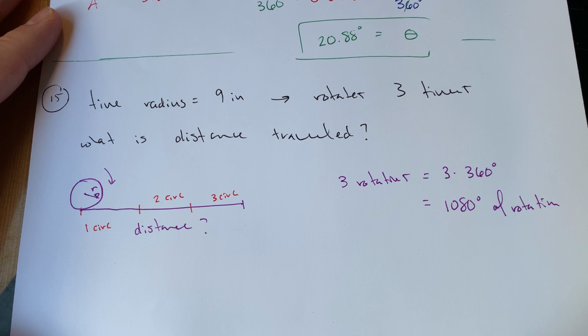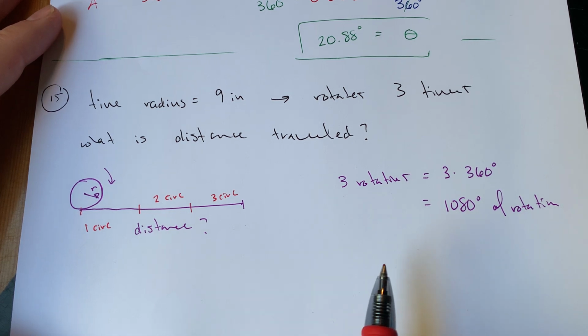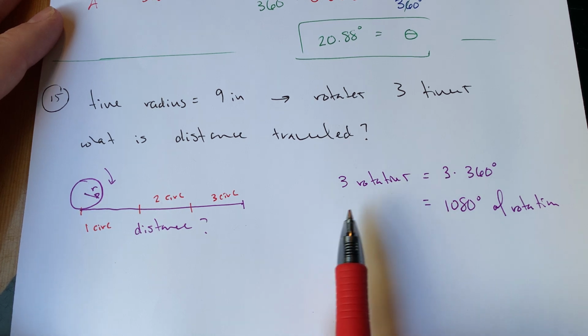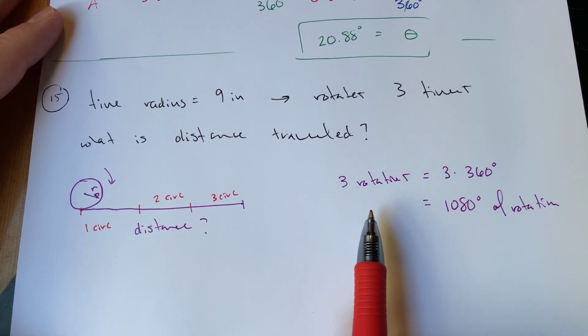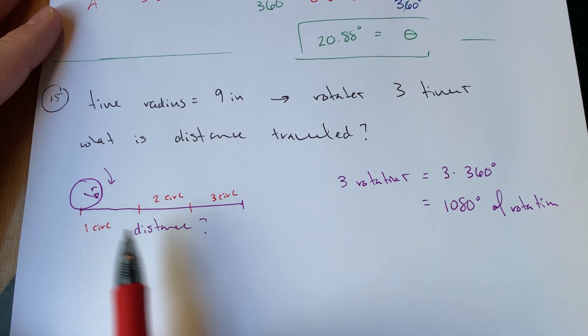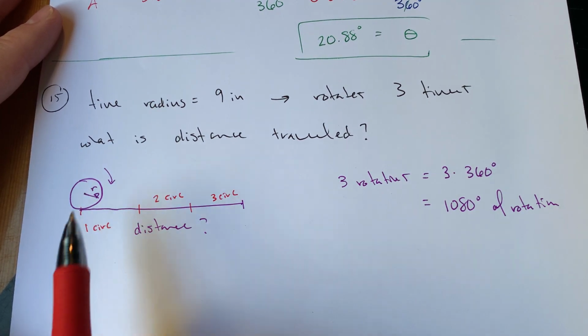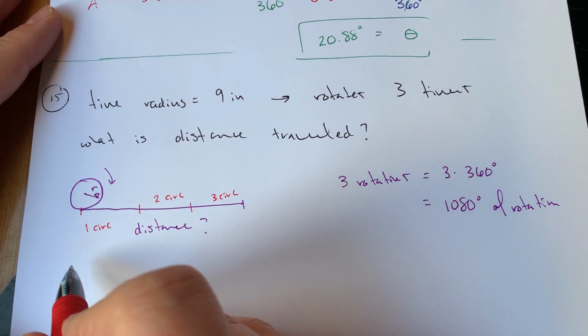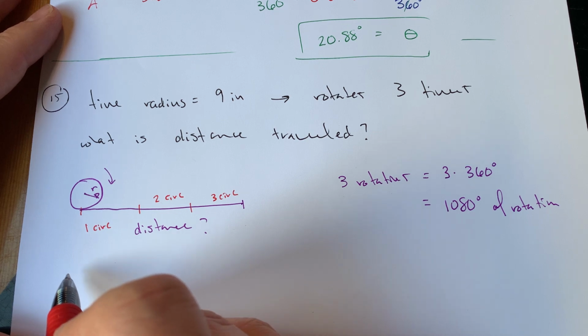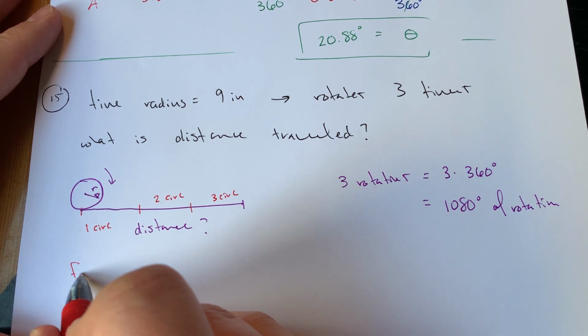So really, I can do this 2 ways. I can conceptualize it and just say 3 rotations is 3 circumferences, right? Or I could do this as an arc length kind of thing. It's going to sync up with the distance around the edge. Either way we need the circumference, right? So let's find the circumference of this tire.